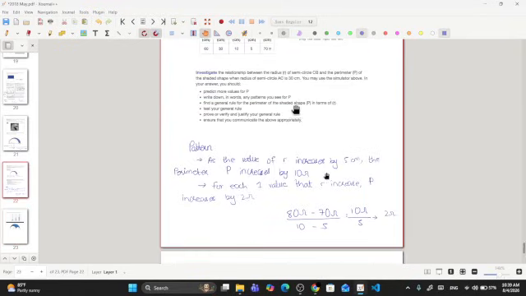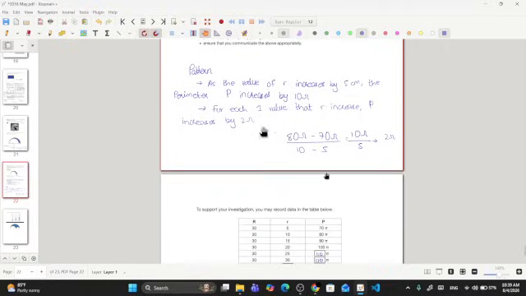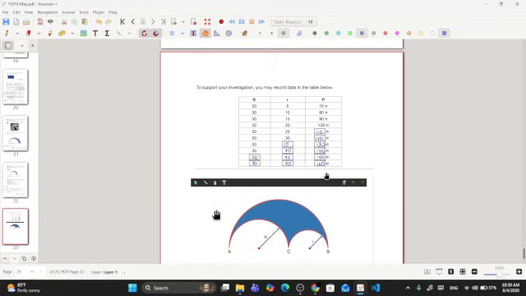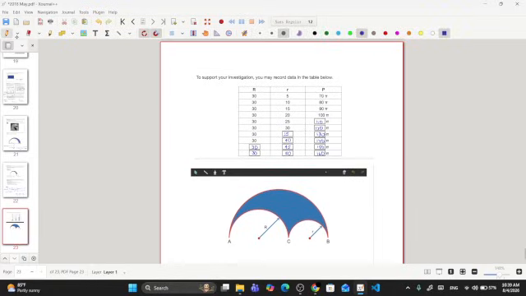Find a general rule for the perimeter of the shaded shape P in terms of R. So the perimeter is basically 70 pi, 80 pi, and 90 pi. We know that this can be written in the form of a plus n minus 1 times d.